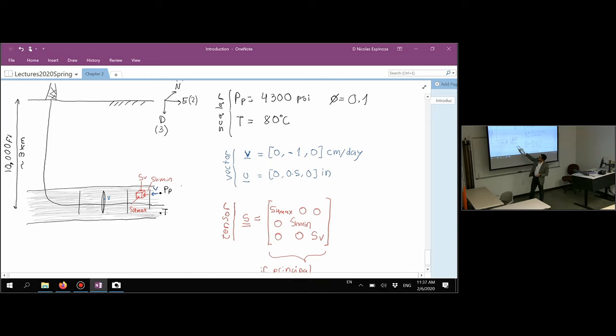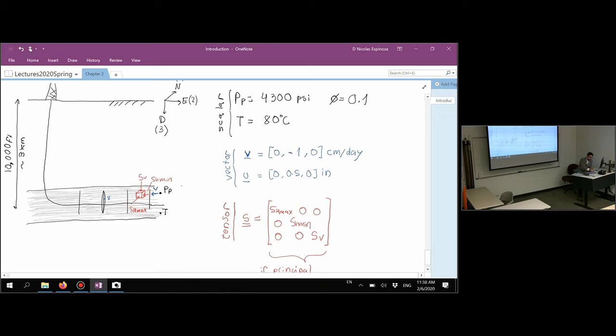But you should remember that for that to be in equilibrium, there is also another stress on the other side, which is keeping that equilibrium. So the value of that stress is going to depend on whether it is compression or tension, and if it's shear, we'll see that later on. All right?